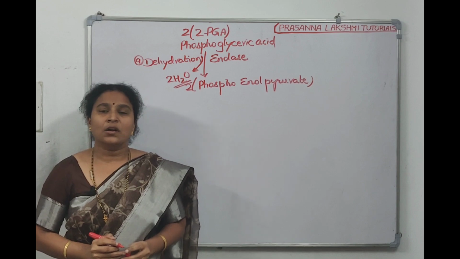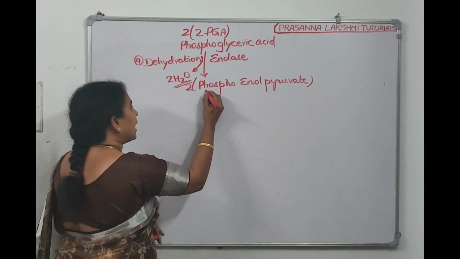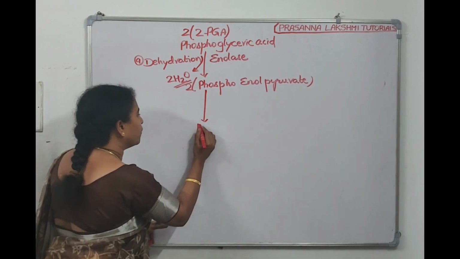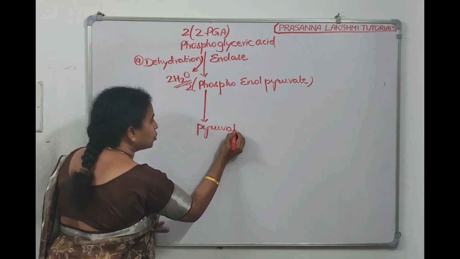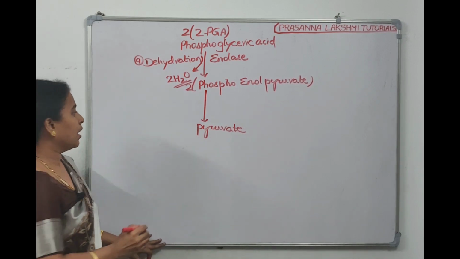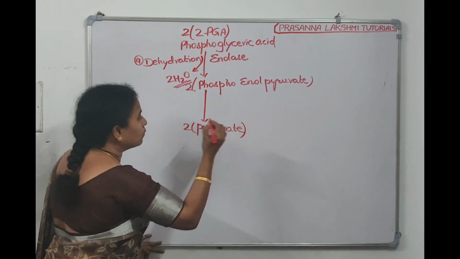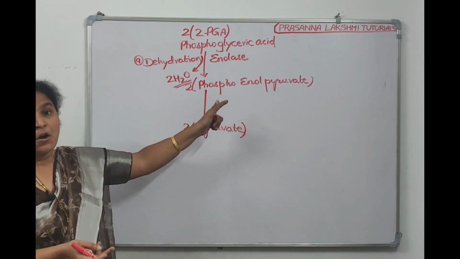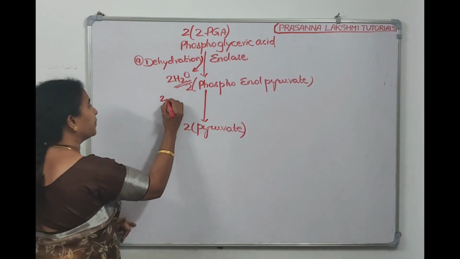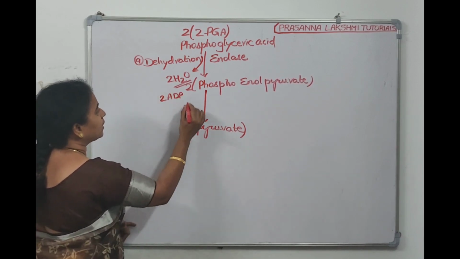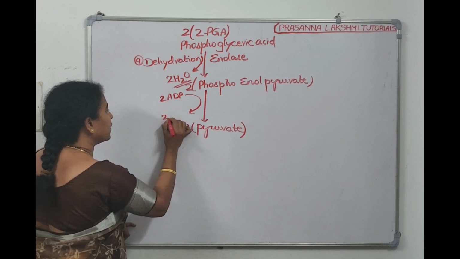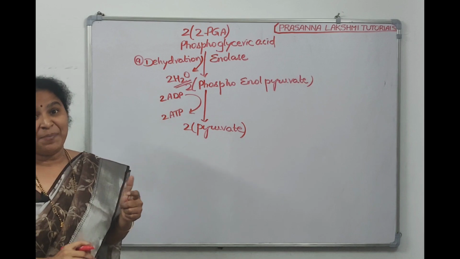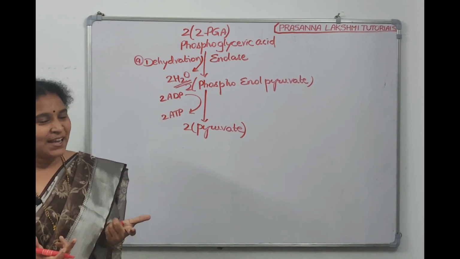As I told you, glycolysis is a 10-step process. So the last step is conversion of phosphoenol pyruvate to pyruvate. How many molecules? 2 molecules of pyruvic acid are formed. What did we do here? We removed phosphate. Who will come to take the phosphate? ADP will come to take the phosphate and become ATP. What is this reaction? Phosphorylation.